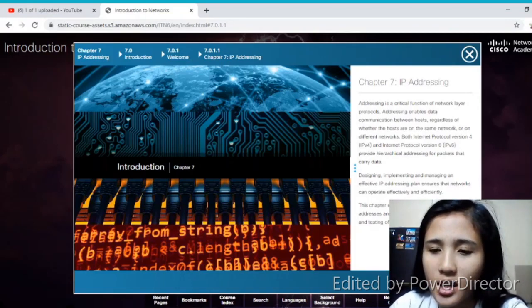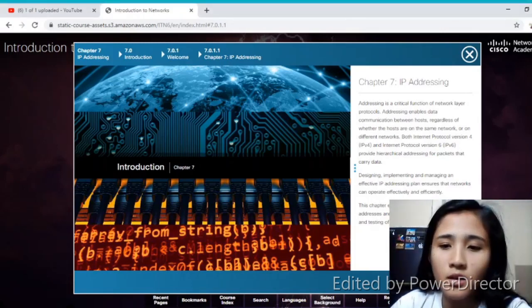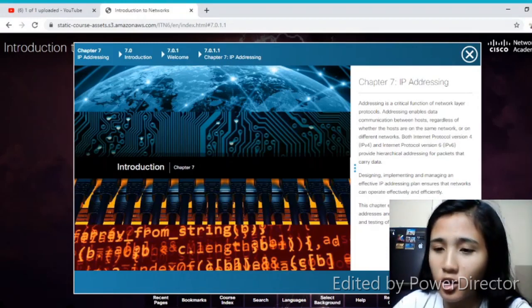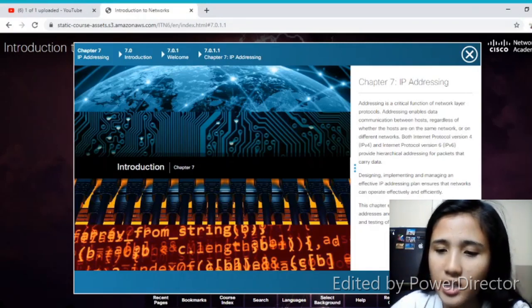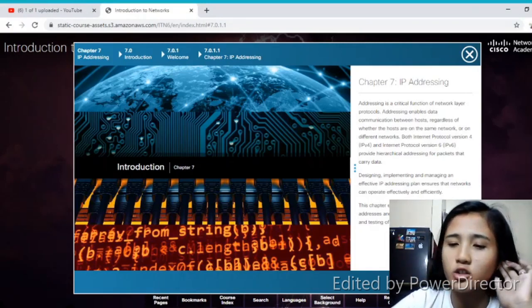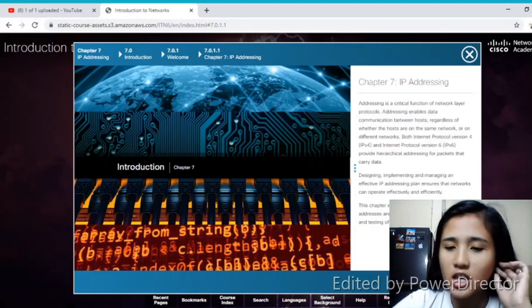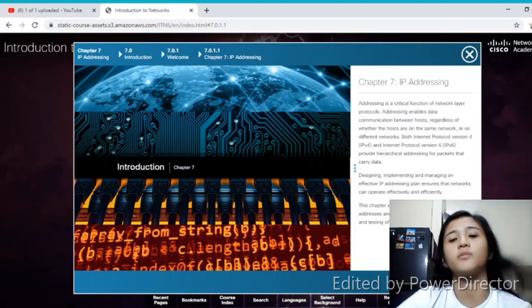Designing, implementing, and managing an effective IP addressing plan ensures that networks can operate effectively and efficiently. So, this chapter examines in detail the structure of IP addressing and their application for the construction and testing of IP networks and subnetworks.